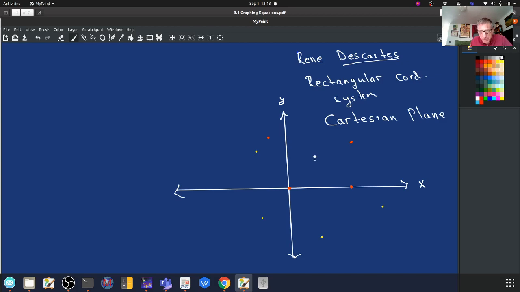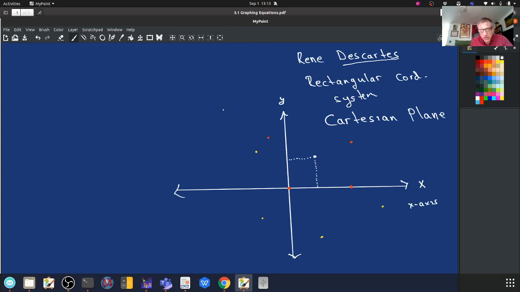So right here would be a point, and each point has an address. So I'm going to show you a better picture of this later on. So basically I'm drawing a line. So this horizontal line right here is called the x-axis.